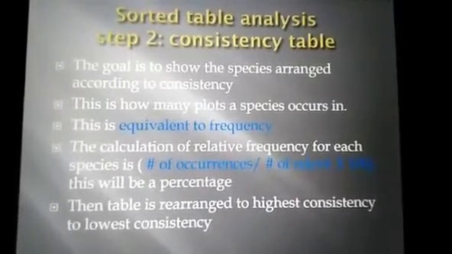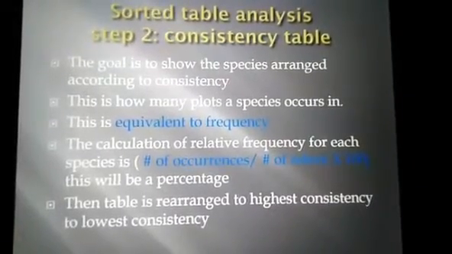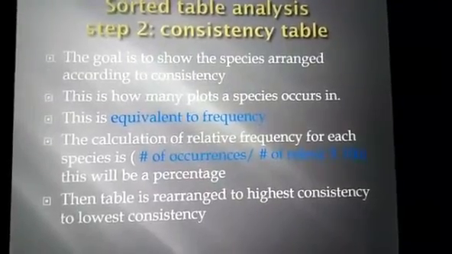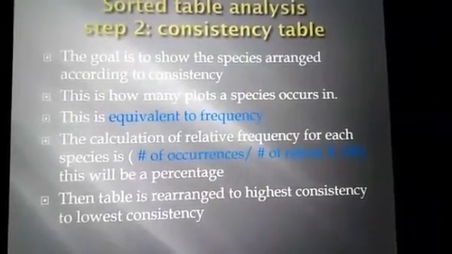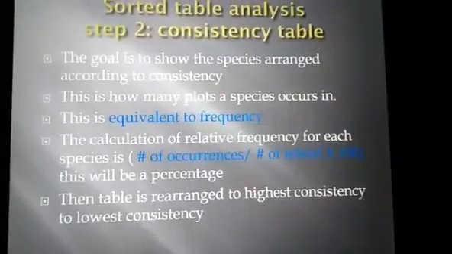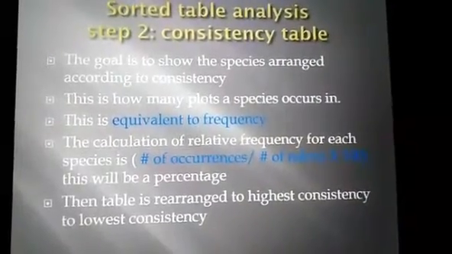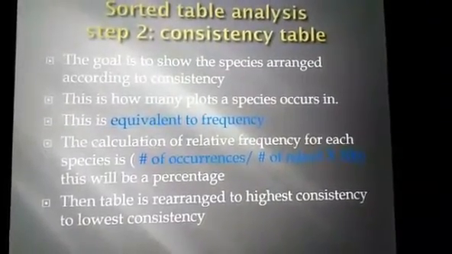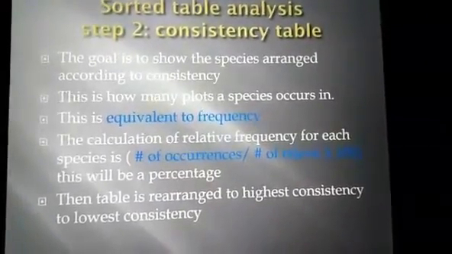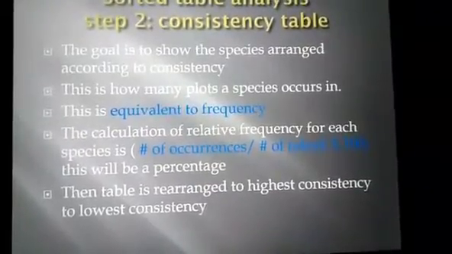Then the calculation of the relative frequency for each species is the number of occurrences over the number of relevés, multiplied by 100. So this will be a percentage. Then the table is rearranged from the highest consistency to the lowest consistency.